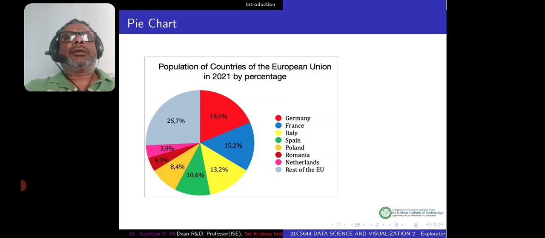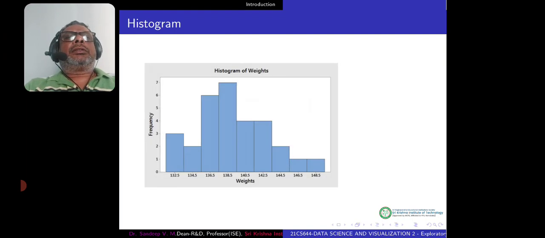So these are the different ways we can make out through the pie chart. So this pie chart is basically used for showing the proportion of each element in the system. Then comes the histogram.